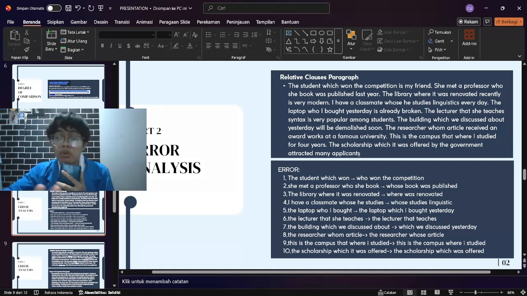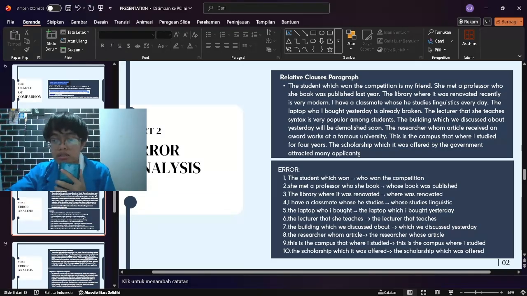That's already weird, so we change it: "She met a professor whose book was published." It already talks about a professor, so you don't need "she," because we use "whose" to mention the person, the professor.